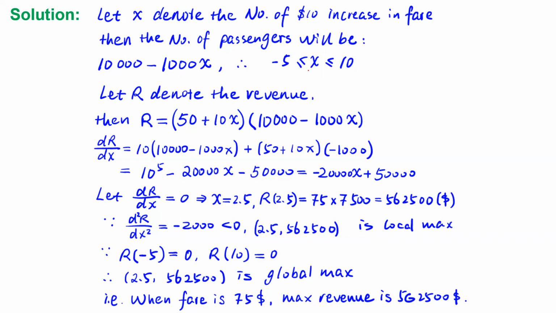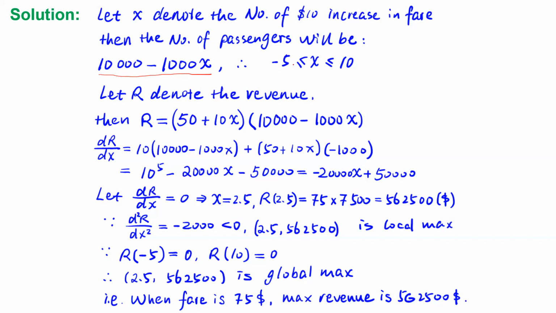And the scope of x, the limitation for x is -5 to 10, because you need to ensure the number of passengers is greater than or equal to 0, right? And also the fare must be greater than 0.